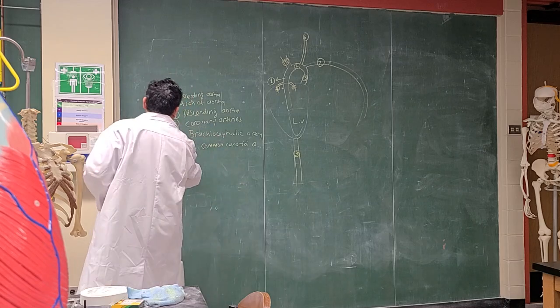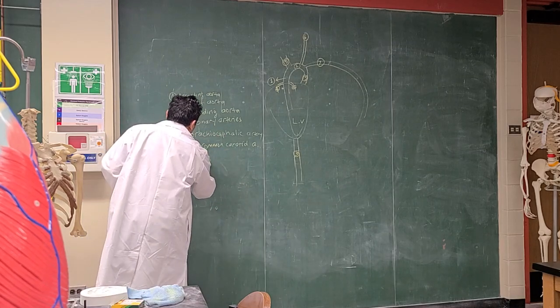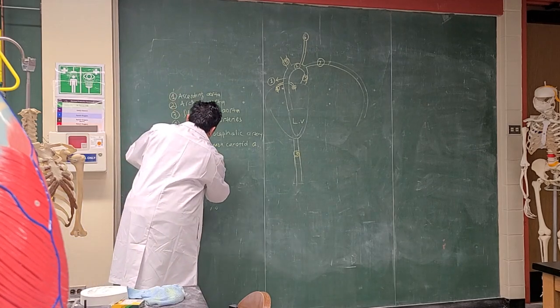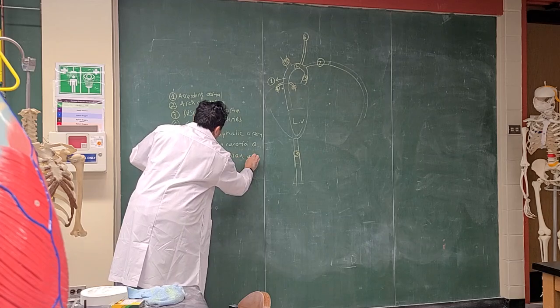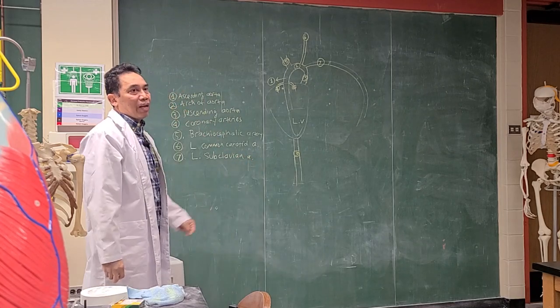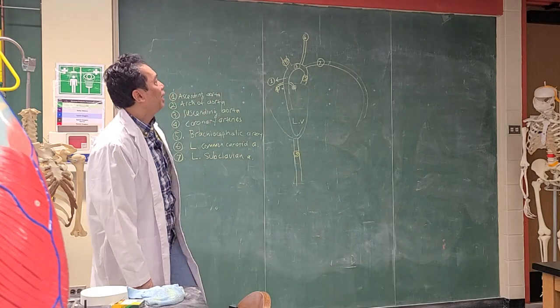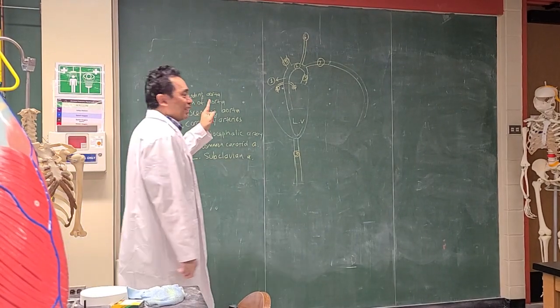This number 7 is on the left side, the left subclavian artery. Clavia means wings. Okay, this is going to go to our wings. Number 7.